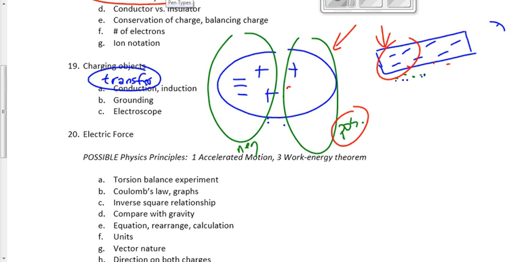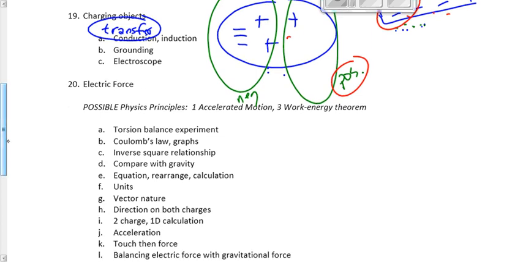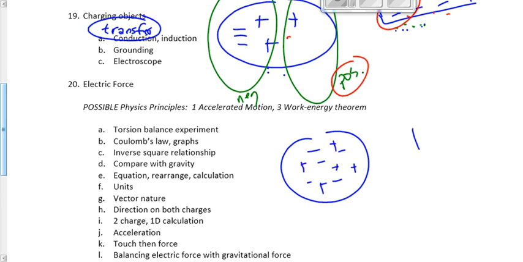Here's the other one. This time we've got a neutral object, and we're going to bring a positively charged object nearby. What happens to the protons? Nothing. What happens to the electrons? Well, this time they're going to be pulled to the right-hand side.